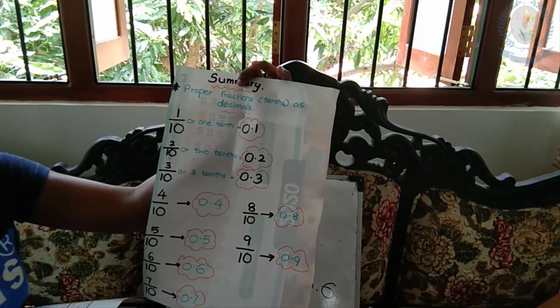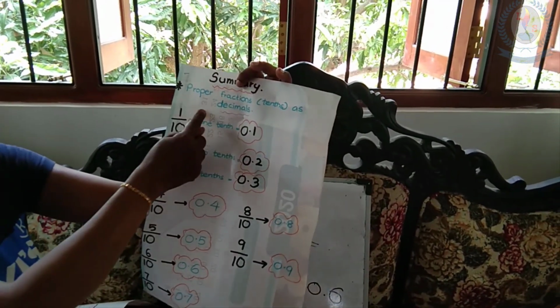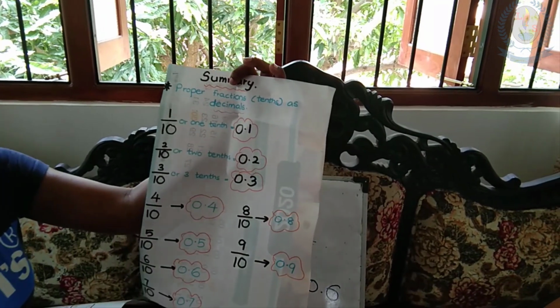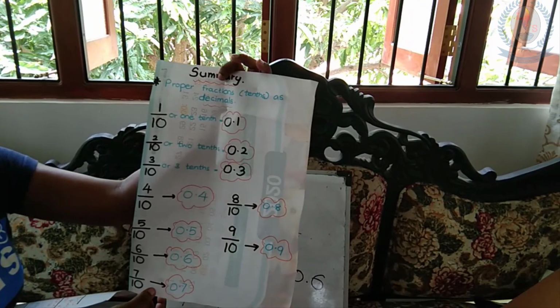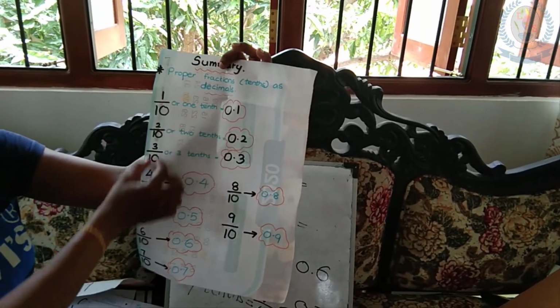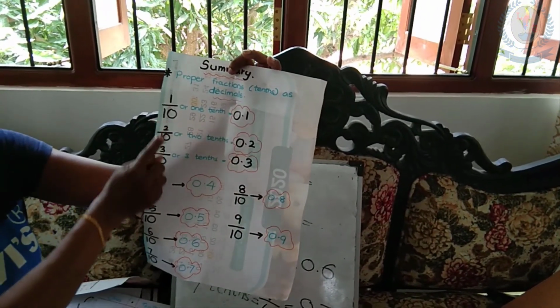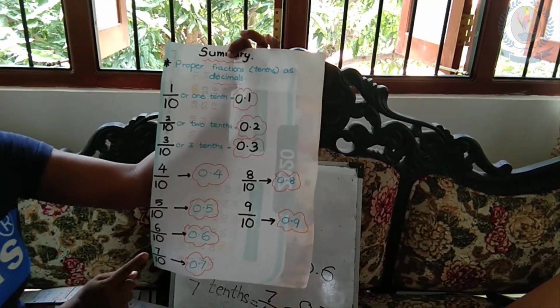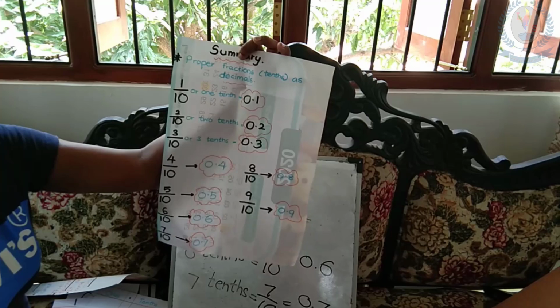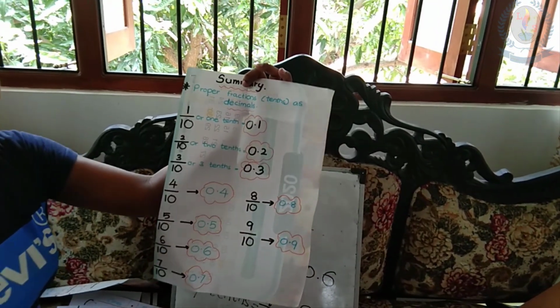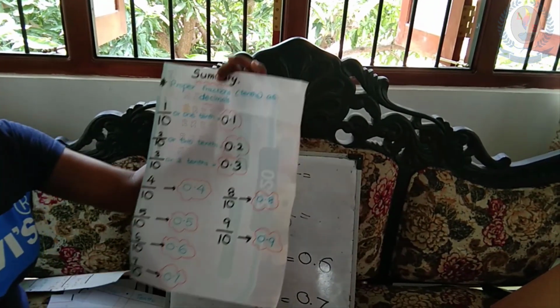Proper fractions means the numerator is smaller than the denominator. When we write all these proper fractions, the tenths fractions, the denominator is always 10, not another number, right? So when we write this as a decimal, we will get these answers.